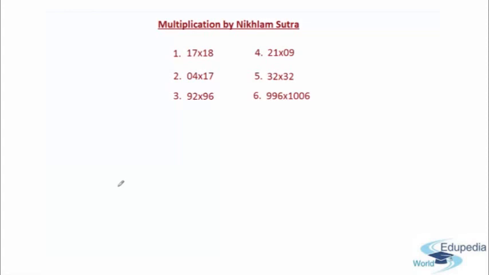So let us find the base first. Here the base is 1000 for these two numbers. After finding the base, you just write down the numbers one below the other, 996 and 1006.